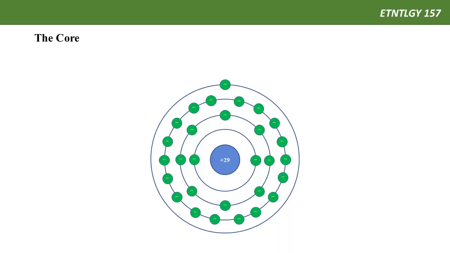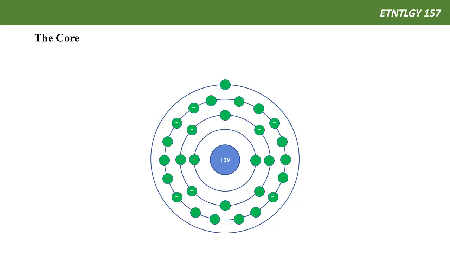Here is a Bohr model of the copper element. Copper has 29 protons, so the big circle in the center with the plus 29 represents that. This is the nucleus. And let's not worry about the neutrons. Neutrons don't play an important role here. As you can see, there are 29 protons for the copper atom.